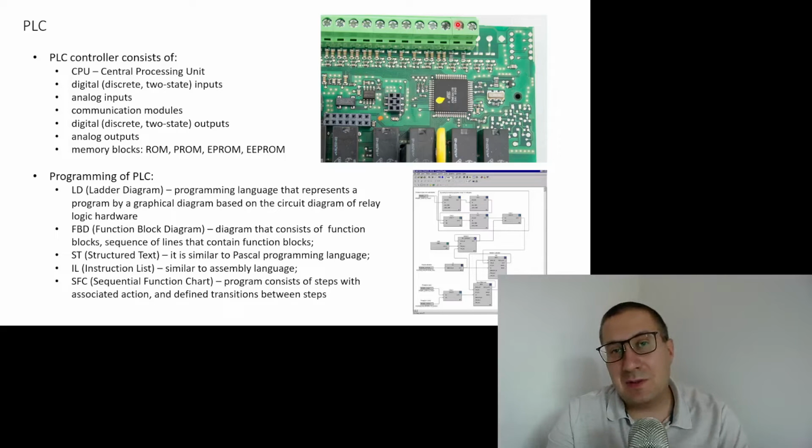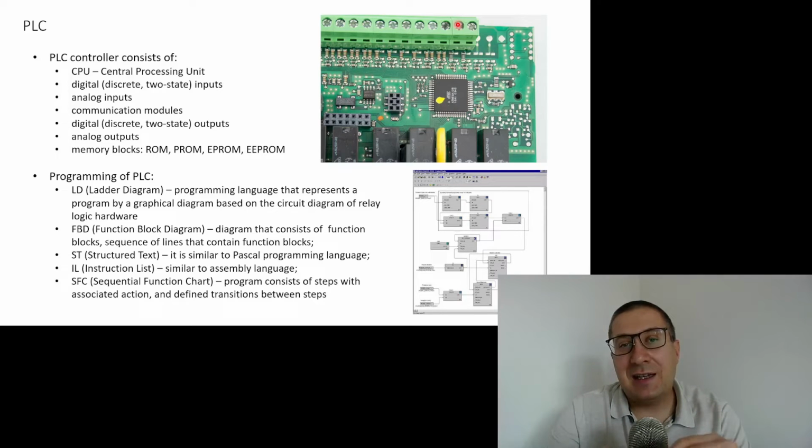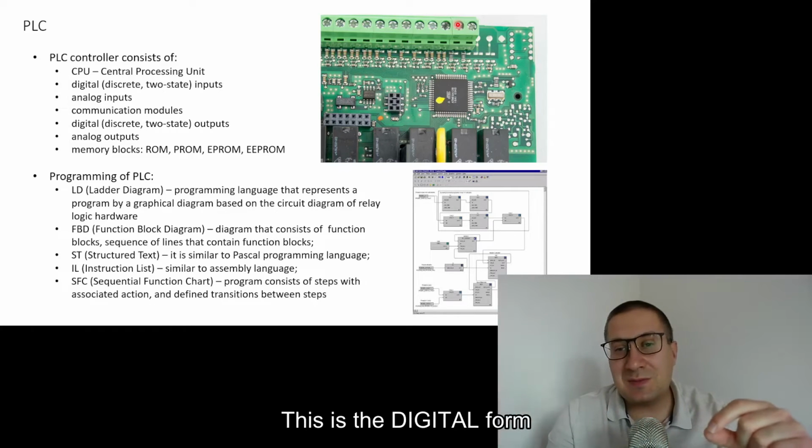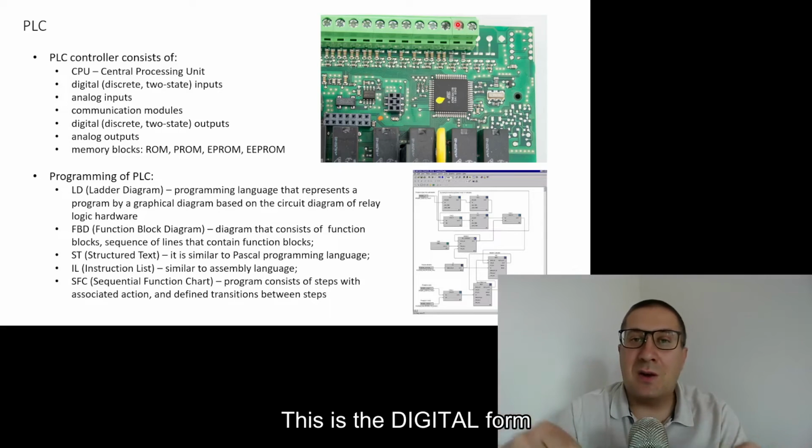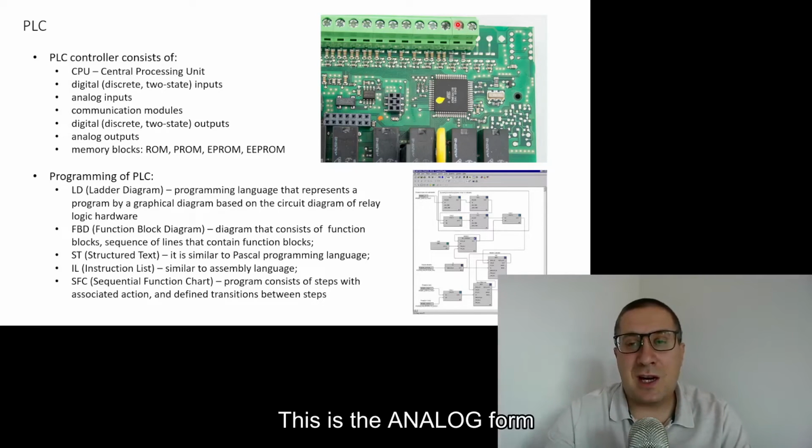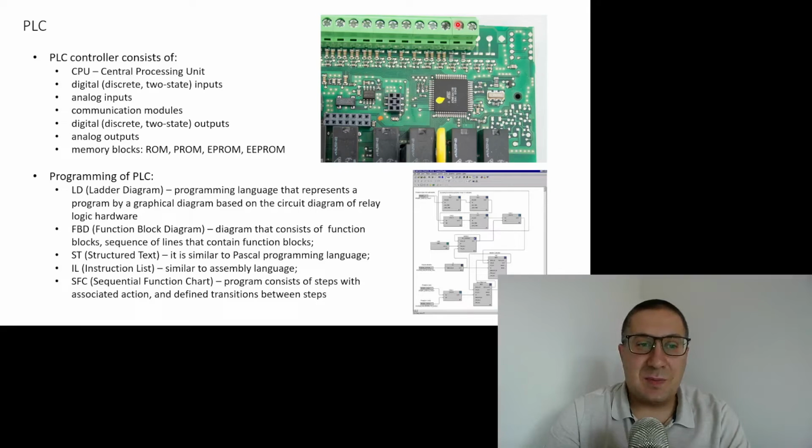We are sending the signal using a string of zeros and ones, high and low voltage, or a continuous range of voltage or current is the carrier of our information in the case of analog signals. We can also have binary two-state inputs and continuous inputs and outputs.